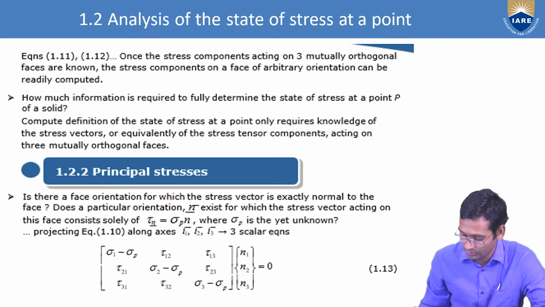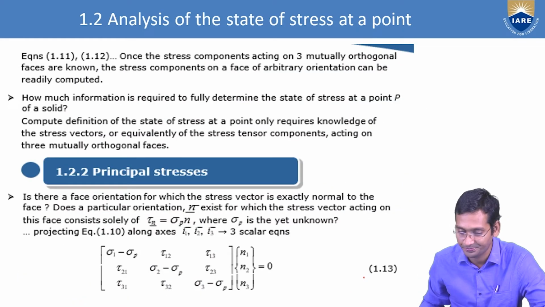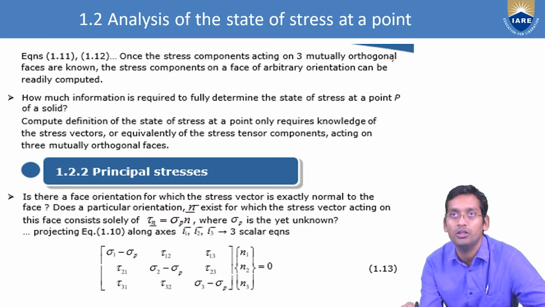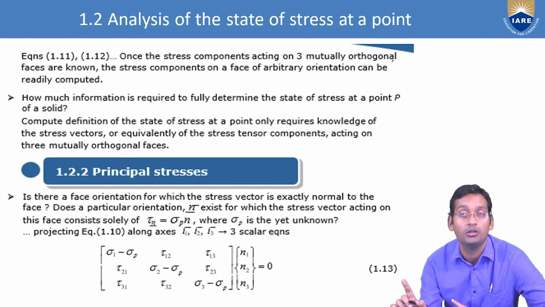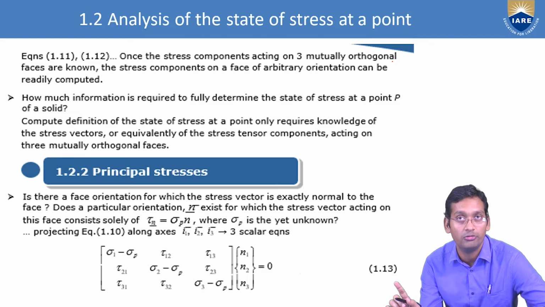So now there is an equation, this one in the n plane, and this is in the s plane. Once the stress components acting on three mutually orthogonal faces are known, that is whatever the direction is in XYZ direction, the stress component on a face of arbitrary orientation can be readily computed. Meaning what?